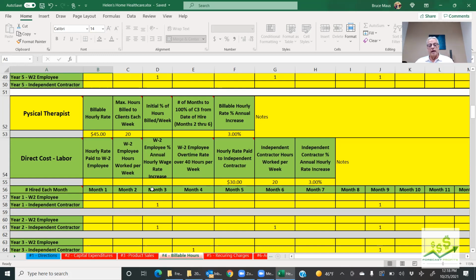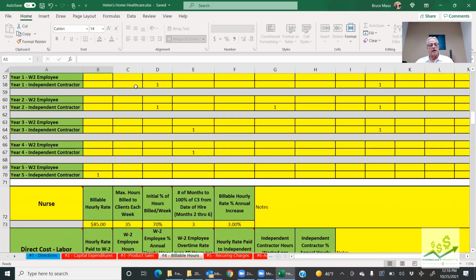And she will pay that independent contractor $30 an hour, 20 hours a week. In this case, the independent contractor is responsible for their own payroll deductions when they file their taxes annually. Note in the second row, you can designate which month independent contractors are hired.